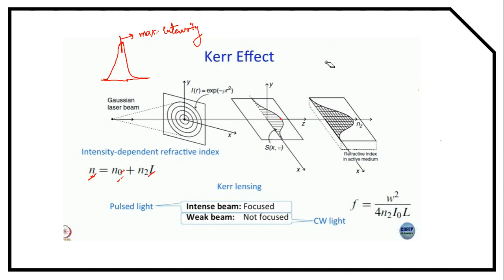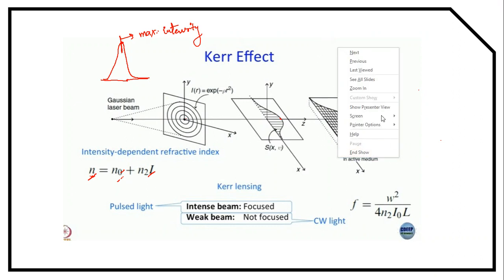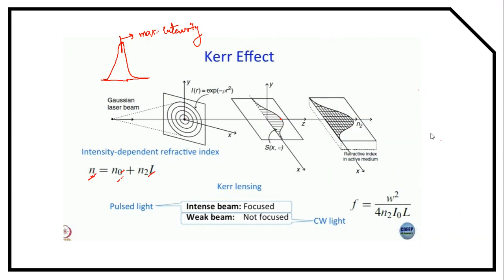So what the Kerr effect basically is: a pulsed laser beam has quite a high intensity, and because it is a Gaussian beam, it has a variation in intensity. From this point to this point, it has a higher intensity than this. What happens to these lower intensity points is then studied. Because of the lower intensity, the resultant refractive index is less compared to the one at this point. Say this is n4 and this is n0.